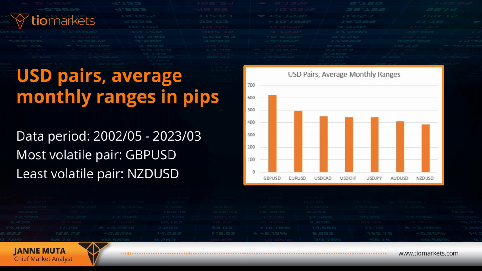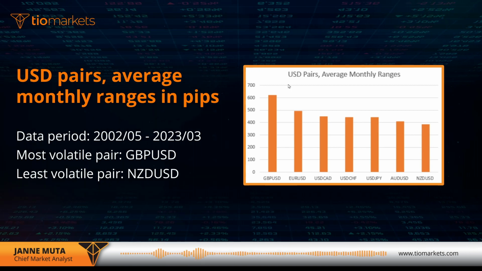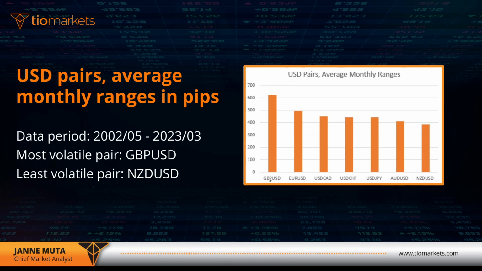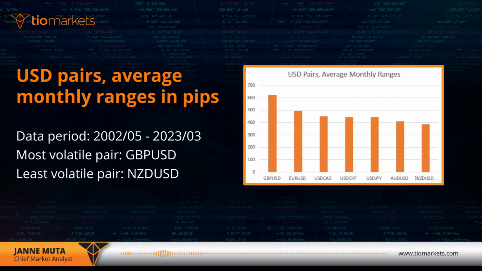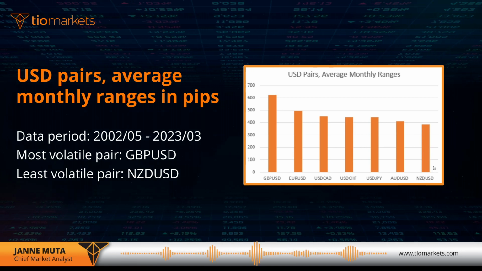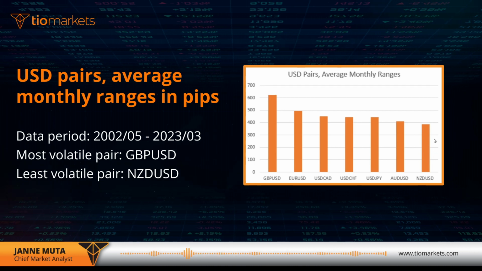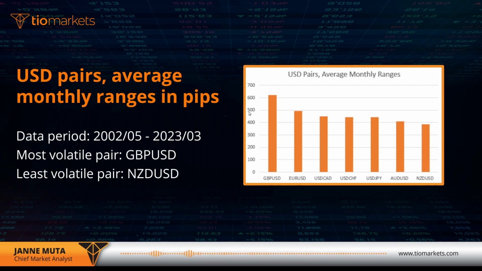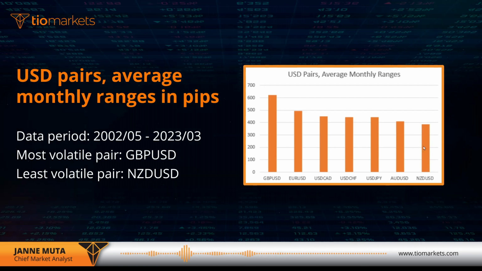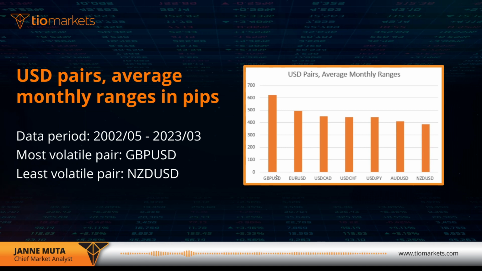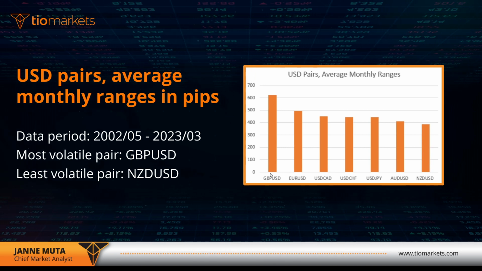And you can see that on a monthly basis, pound USD has been the most volatile market, and New Zealand USD has been the least volatile. So obviously, this already gives us a very good understanding of what we want to trade. We would rather trade pound USD than Aussie or New Zealand. So there's more profit potential here in pound USD.